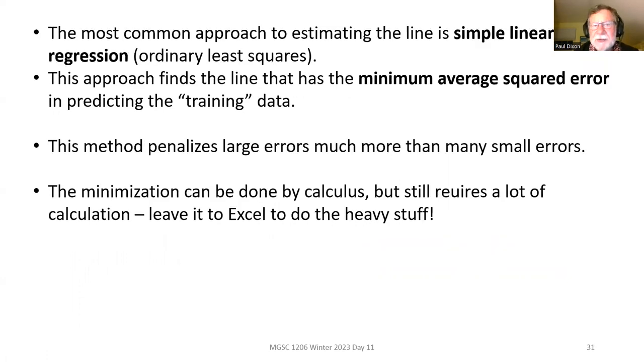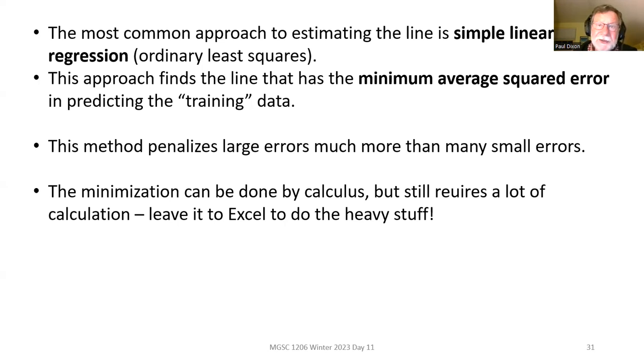And we're going to do it using a technique called ordinary least squares. Most people call it simple linear regression. Finding a line through a scatter, many people will just call regression. And this one is linear, we're estimating a straight line, and we're doing the simplest model you can, only one x variable.